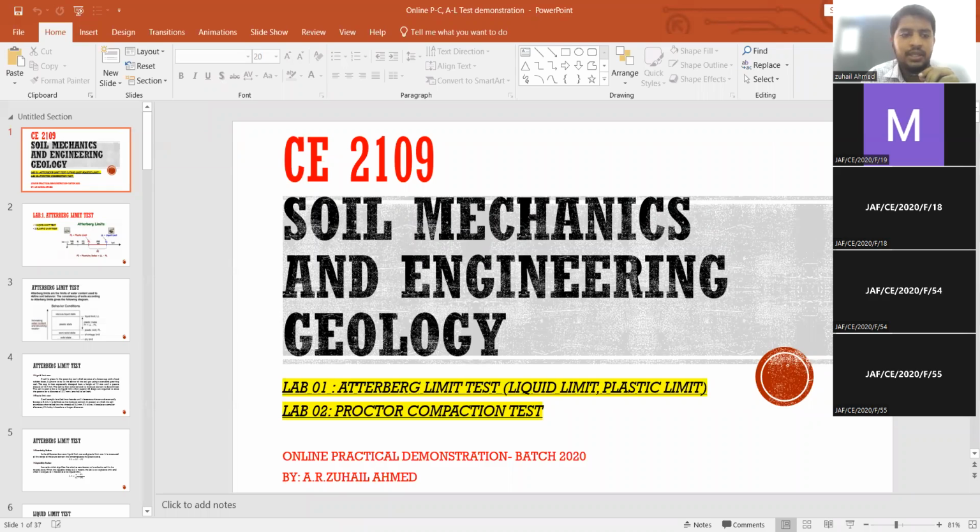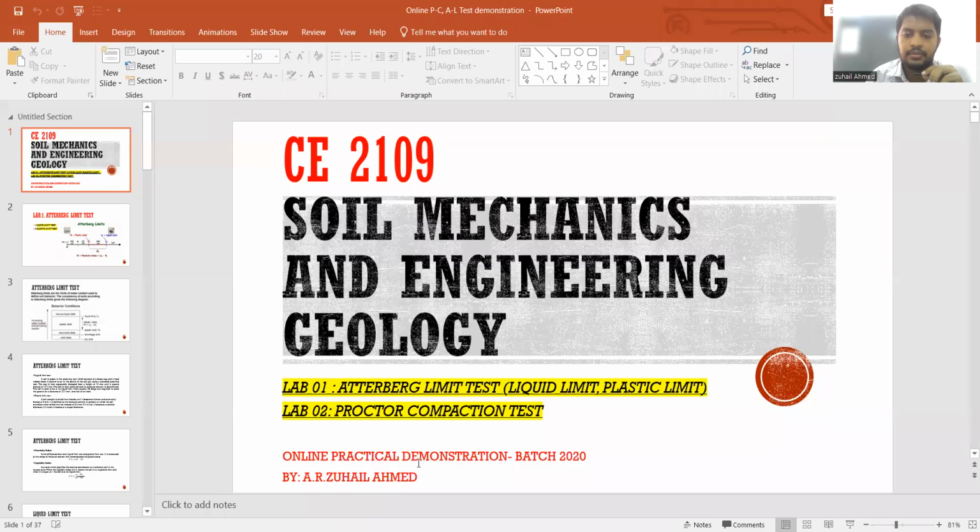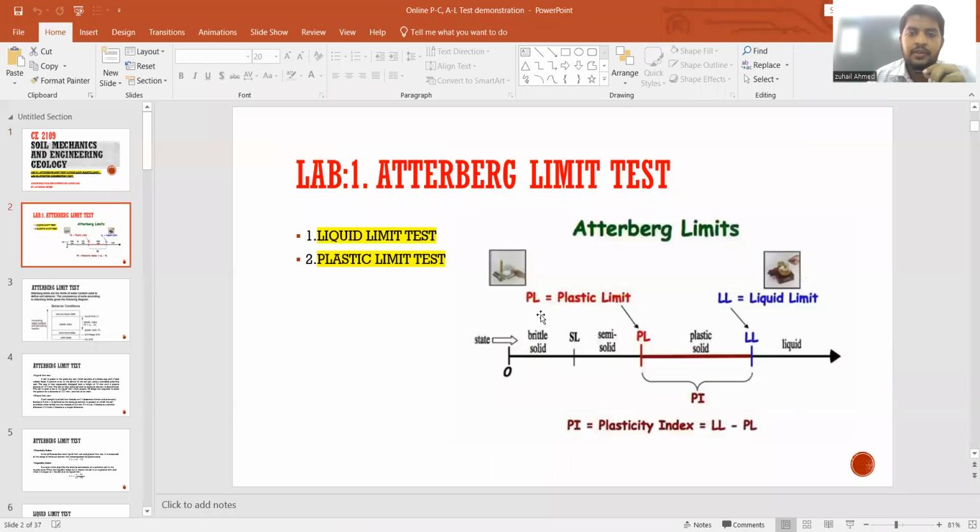We will see about the liquid limit test, because the soil, you can see in the next slide, when you are adding water, will reach the plastic limit first.